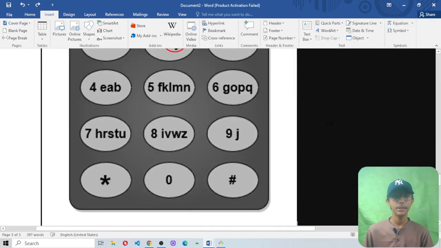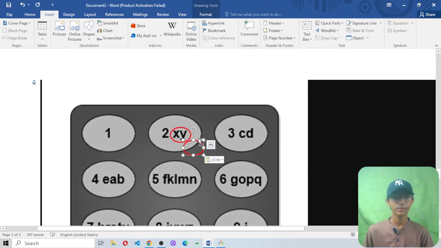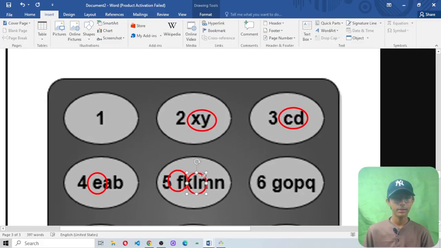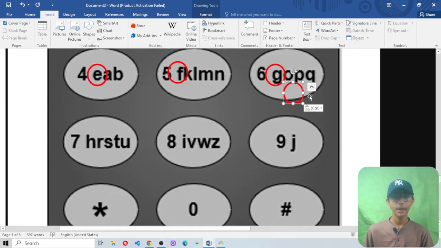Then CD, and then E is coming, and then F, and then G is coming, and then H, then I, then J, here you can see in the end.